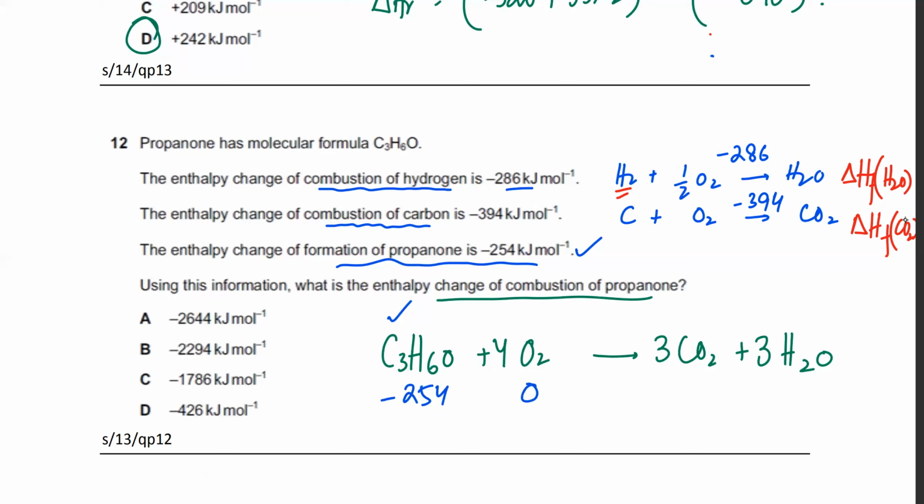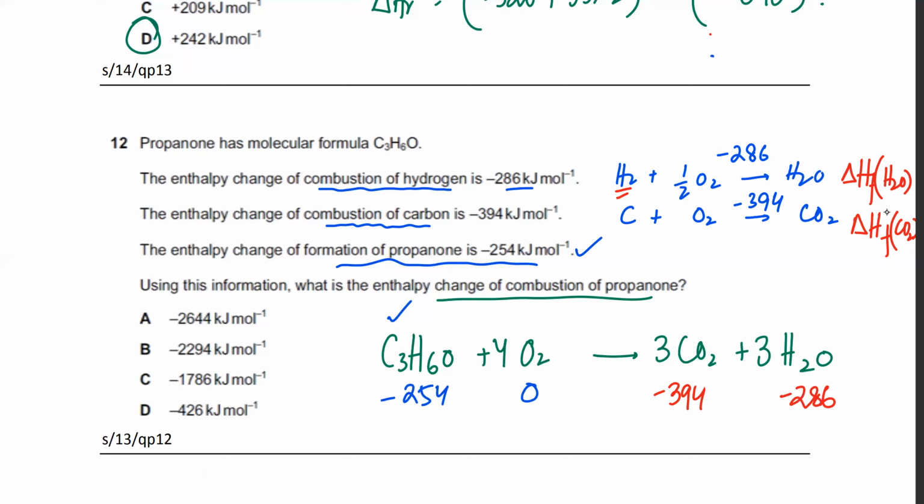So this value is given to us. And he gave us the enthalpy of combustion of hydrogen. We're going to read it as the enthalpy of formation of water, which is minus 286. Okay, so this was just the tricky part, that he gave us combustion, which was in fact the enthalpy of formation of water.